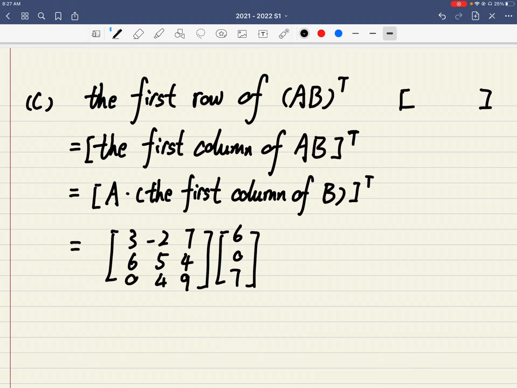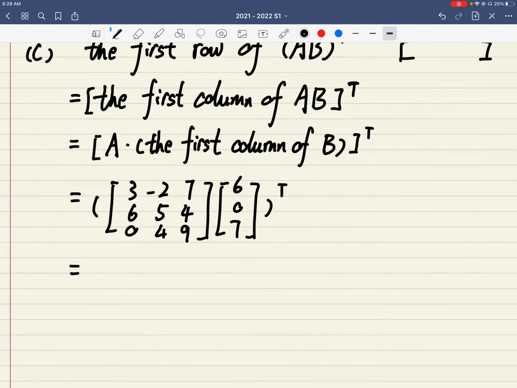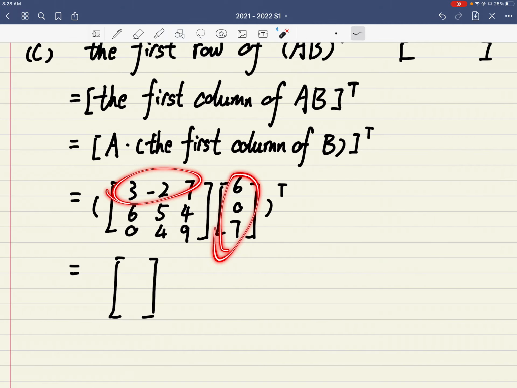Okay, then you transpose it. So to get the result, for each entry, for the first entry, it's the first row times first column.